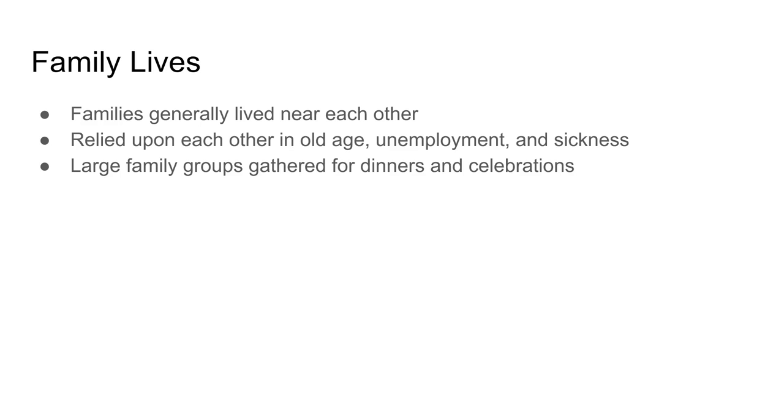Despite that, the family really remains an important player in everyone's life. Families generally are living near each other. You would have huge extended families living in the same neighborhoods, gathering for dinners and celebrations, really relying upon each other. And especially we see this with the working classes because life is so difficult that when people are unemployed or sick or get injured while working, they really rely on their extended family to help support them, whether that's taking them in or whatever that may be.